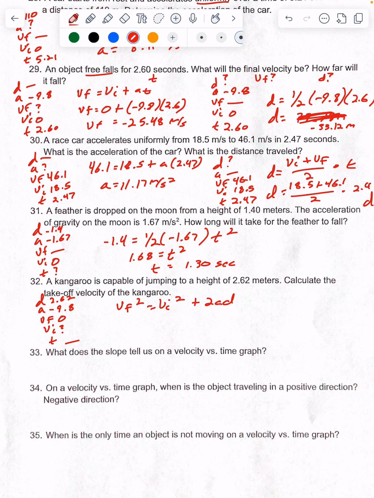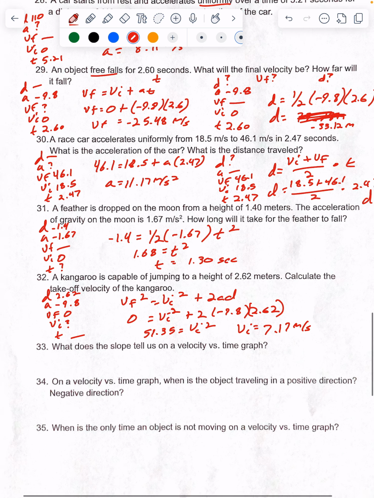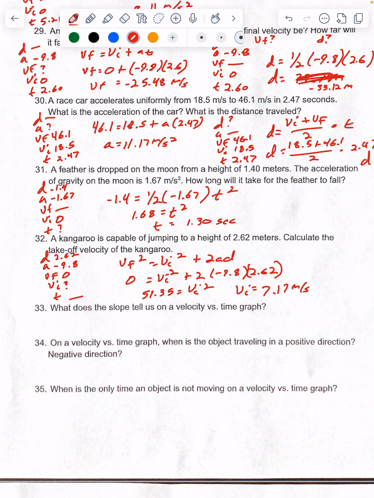VF is 0, and 0 squared is 0, equals VI squared, which we don't know, so we leave that as VI squared, plus 2 times negative 9.8 times distance 2.62. Solve all that, move it to the other side, and it becomes positive: 51.35 equals VI squared. Take the square root of both sides, and VI comes out to be 7.17 meters per second.